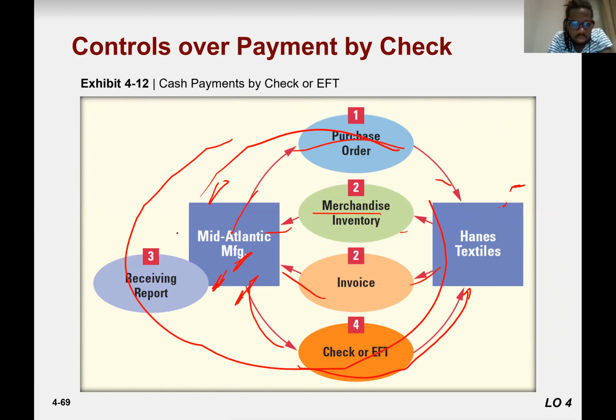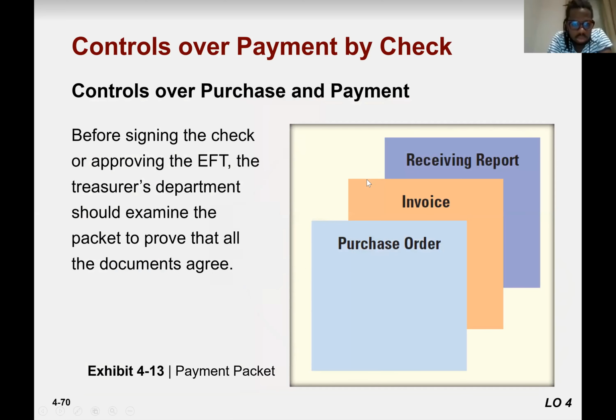Cash is coming after some days, so you record the cash when cash is received, not when the sale happened, because when the sale happens, cash is not received. So we are not going to record cash. Cash is to be recorded when cash is received. Sale is to be recorded when the sale happens. So recall our matching principles. So we already talked about this control over purchase and payments. You can just stop the video and read it by yourself.